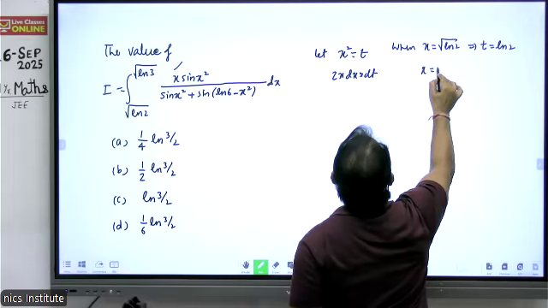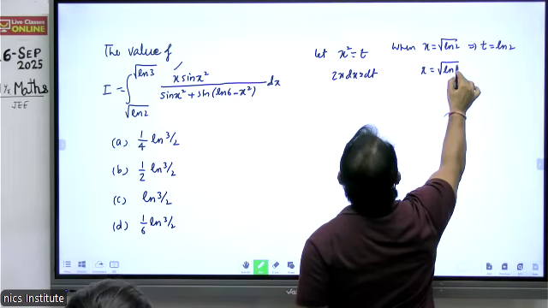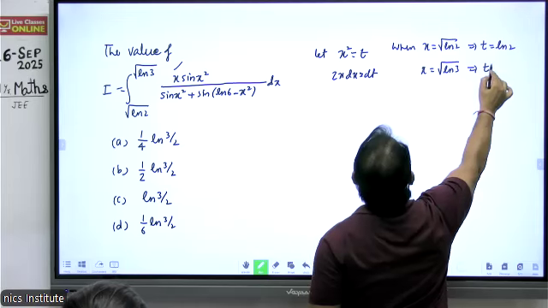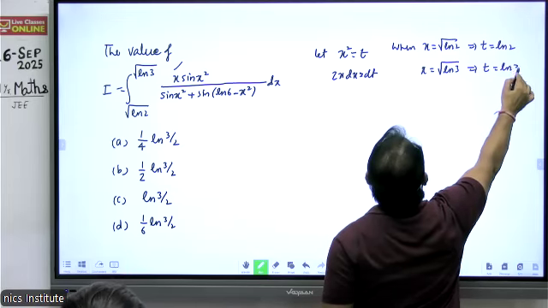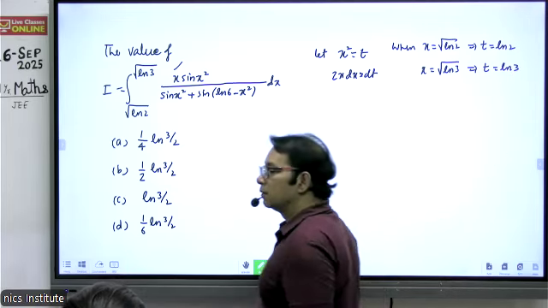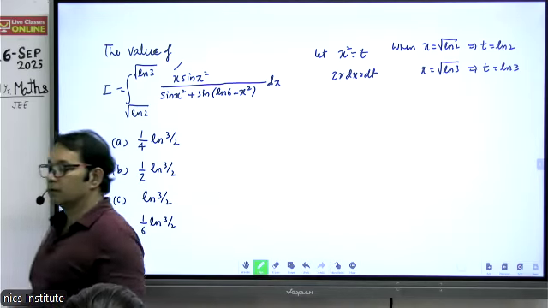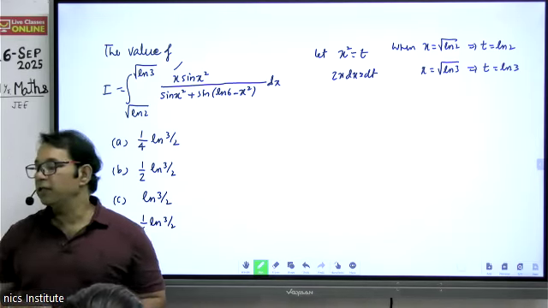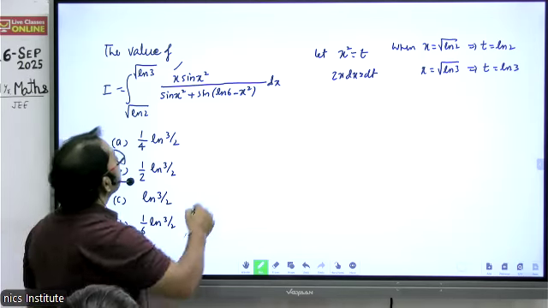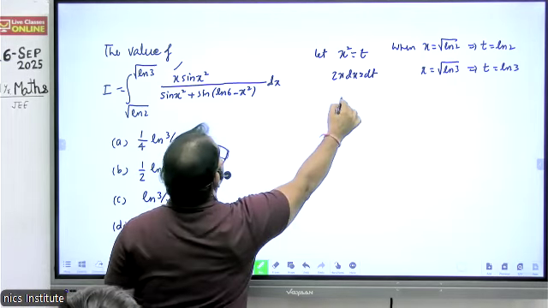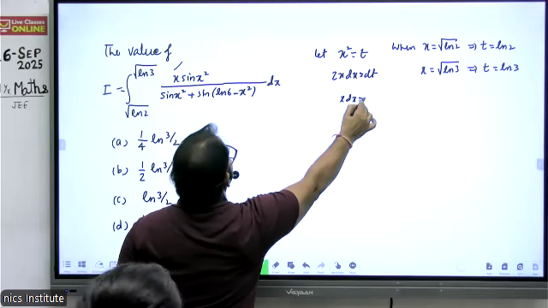When x is root ln3, t would be ln3. So the limits have changed. x dx has become dt by 2.